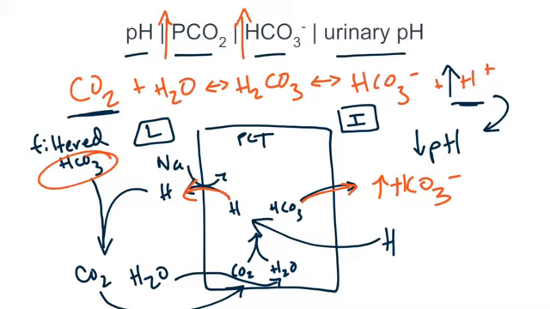Finally, during an acidosis, the kidneys compensate by increasing the excretion of acid in the form of ammonium and dihydrogen phosphate, which results in increased acid in the urine, so the urinary pH decreases. So again, the pH is low, the PCO2 is high, the bicarbonate is high, and the urinary pH is low.